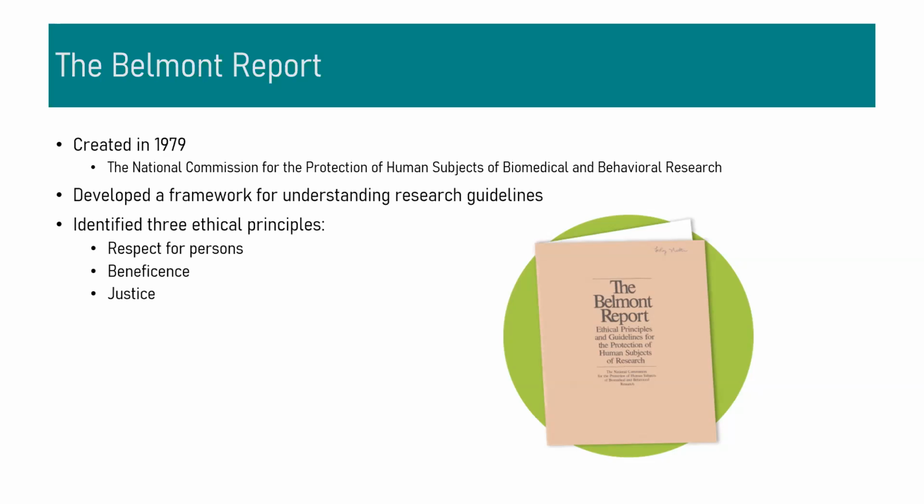Therefore, the Belmont Report lays out 3 ethical principles to follow when conducting human subjects research. The first is respect for persons. The second is beneficence. And the third is justice. In the next couple of slides, we're going to go through each one in depth, one by one.